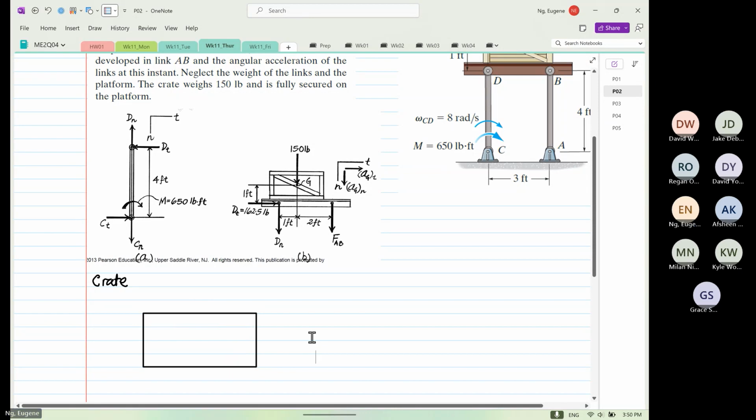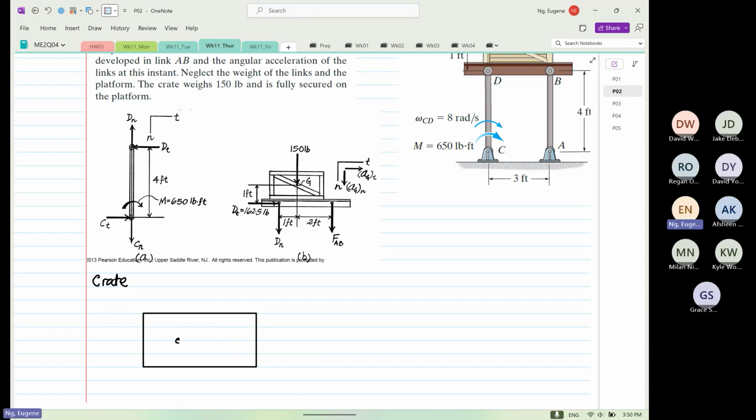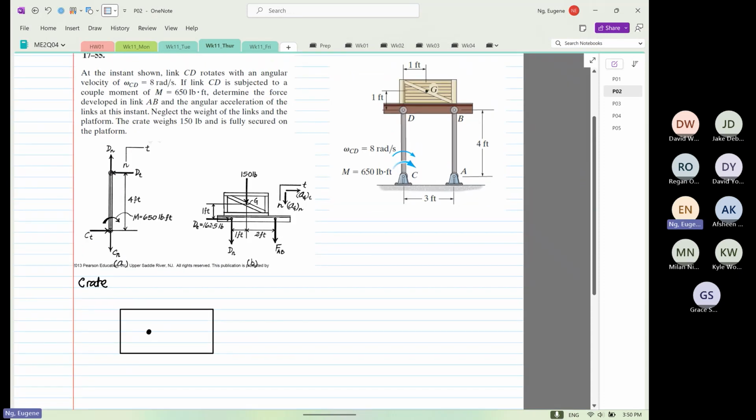All right. And over here is where our weight is. And this is our point G, and this is where we have our 150 pounds.